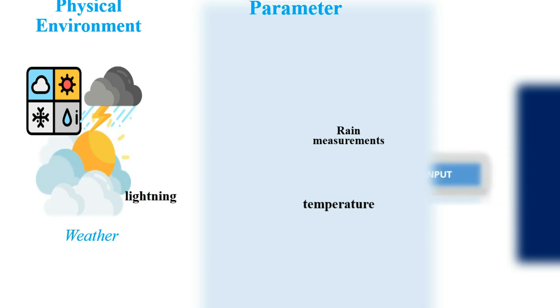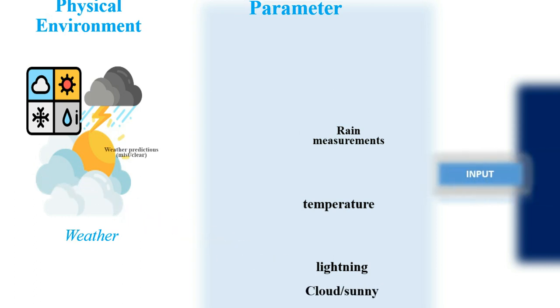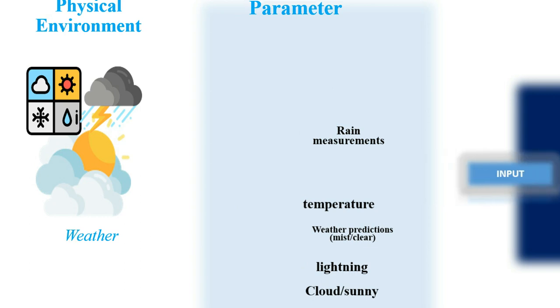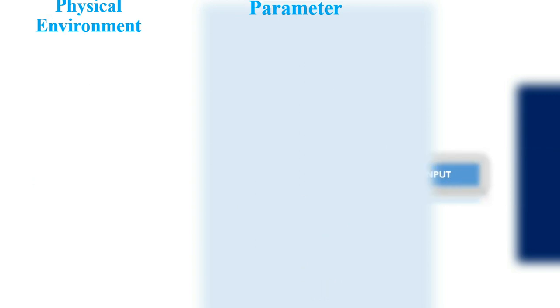And then lightning, are we going to experience some lightning? Are we going to experience some sunny or some cloudy environment? Are we going to have some mist or clear sky and environment?